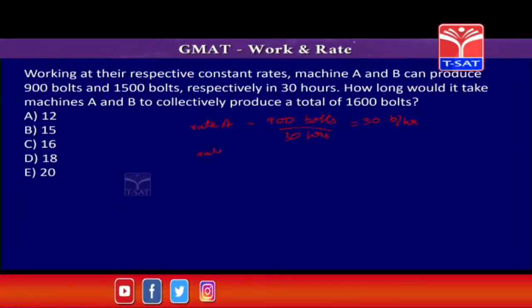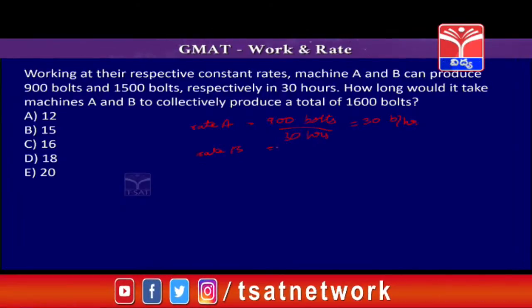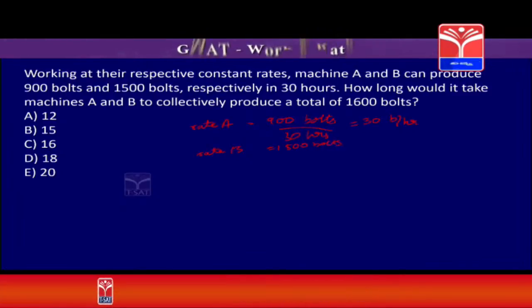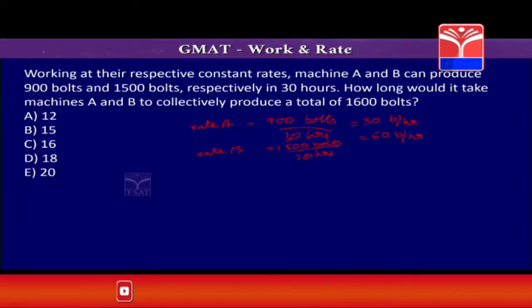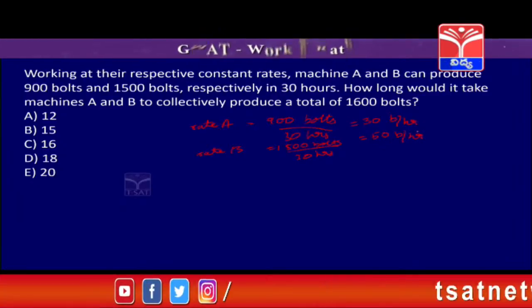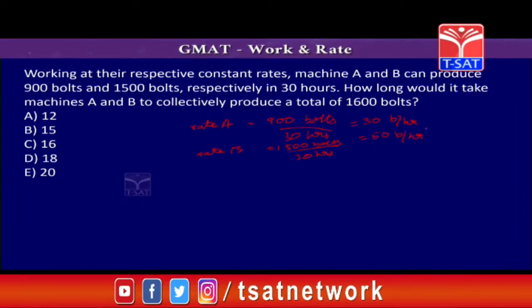The rate at which B works is 1500 bolts divided by 30 hours, which is 50 bolts per hour.